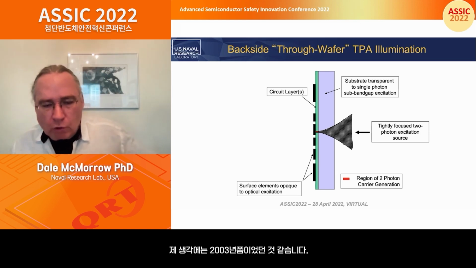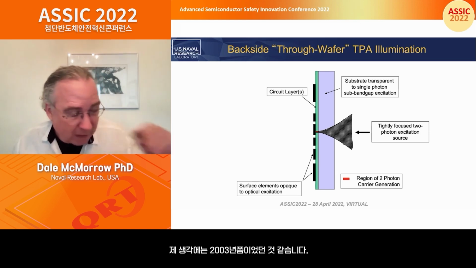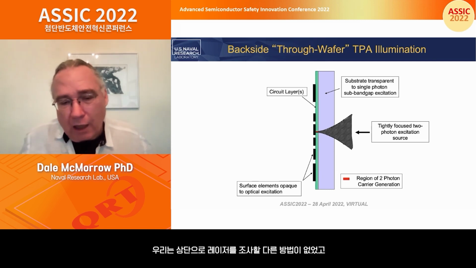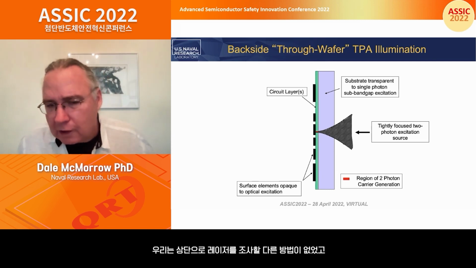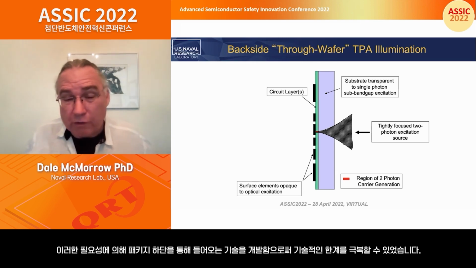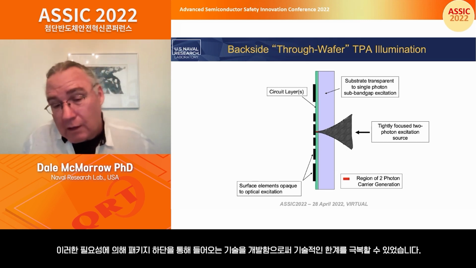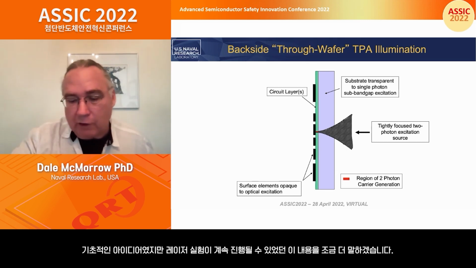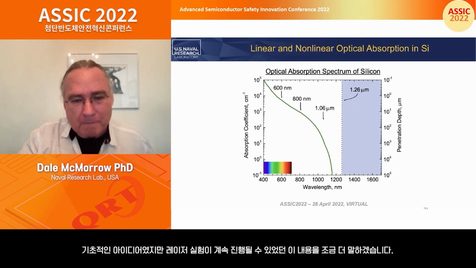And so we were able to overcome that, and that I think was about 2003, and we did that out of necessity for a program that really had no other way to get to their device and interrogate it. So I'll talk more about this as we move forward, but that's the basic idea.